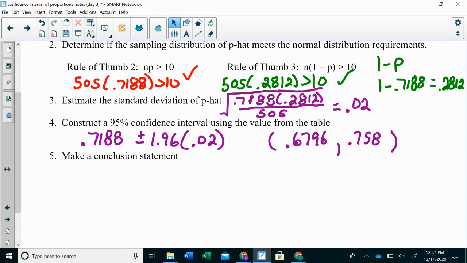Now, at this point, all of our math, quote unquote, is finished. We need to take this information and make a conclusion statement.